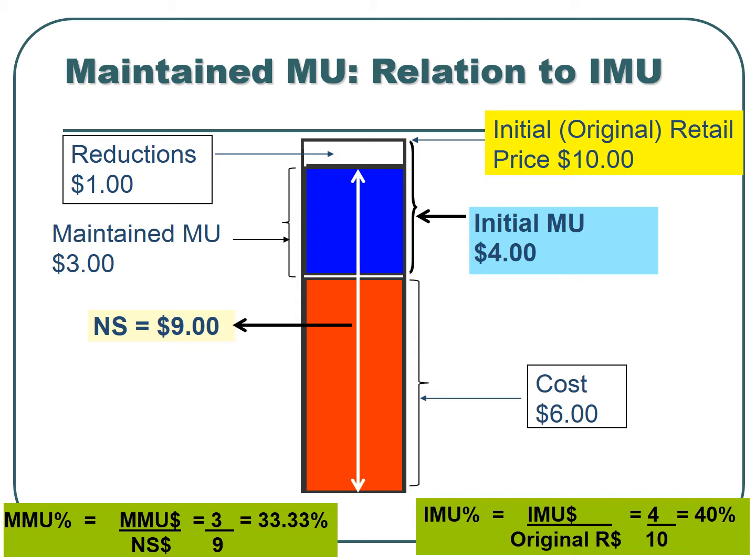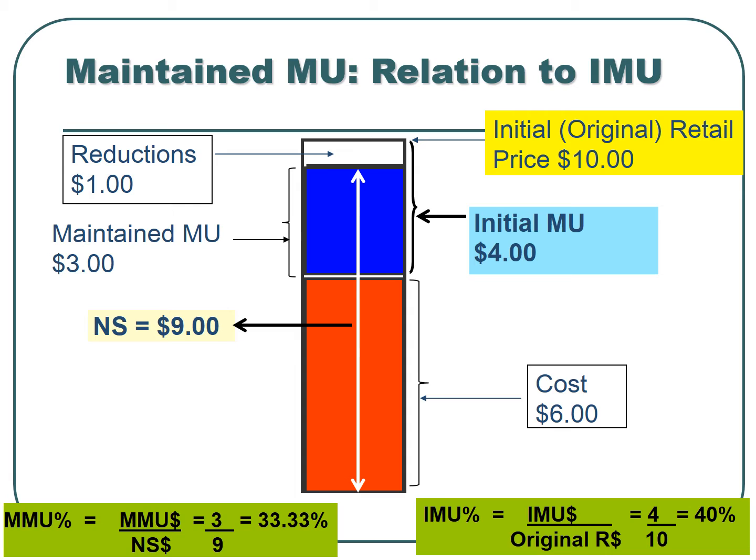Now this simple example illustrates a lot of different formulas or ways to think about the relationship between the IMU and MMU, as well as all these other components that we are seeing in this slide. For example, we can make a formula such as original retail equals net sales plus reductions.